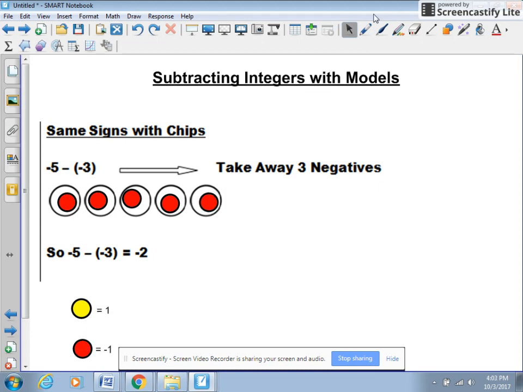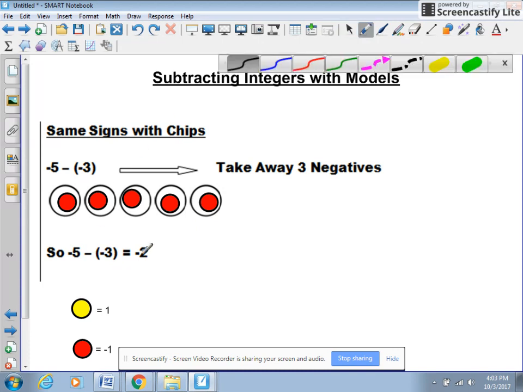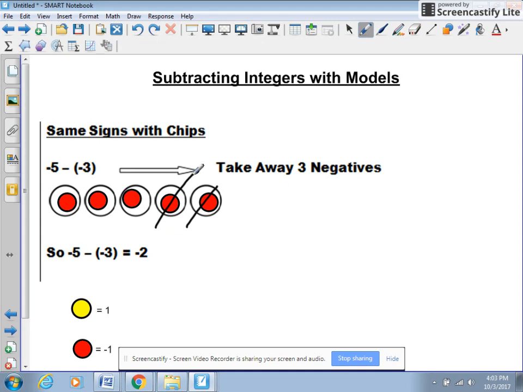And then we have to take away 3 of the negatives. So we can simply cross them out. 1, 2, 3. So -5 minus negative 3 equals negative 2. Make sure you have this on your paper before you move on to the next one.